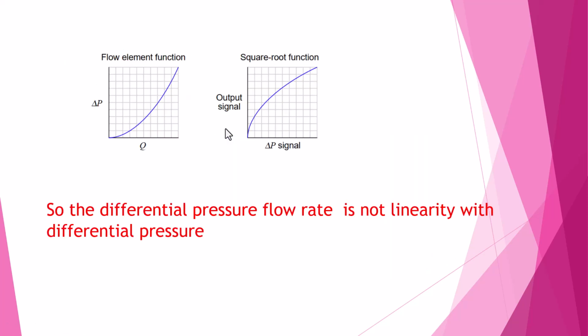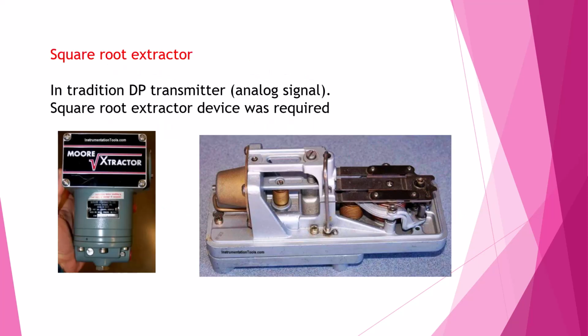Since it's not linear, we should use another device to keep the output linear with the input. We use a square root extractor. In a traditional DP transmitter with an analog signal, a square root extractor device was required.